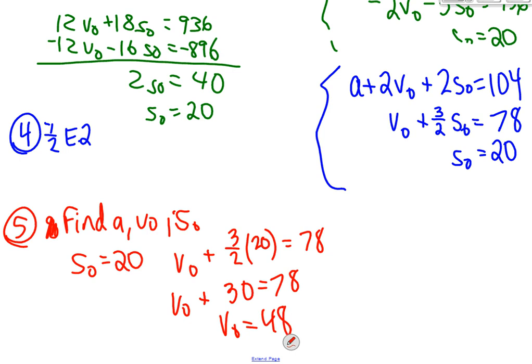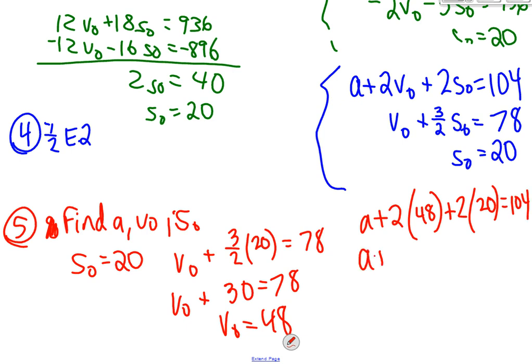48. Then A plus 2 times 48 plus 2 times 20 equals 104. So A plus, what's 2 times 48? Plus 2 times 20 is 40 equals 104. What's 96 plus 40?